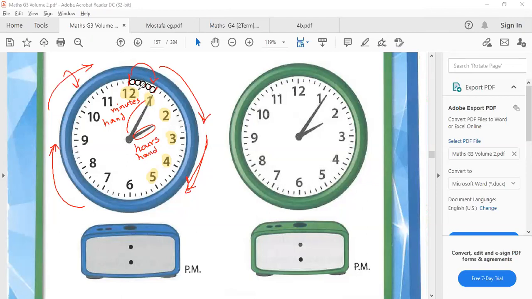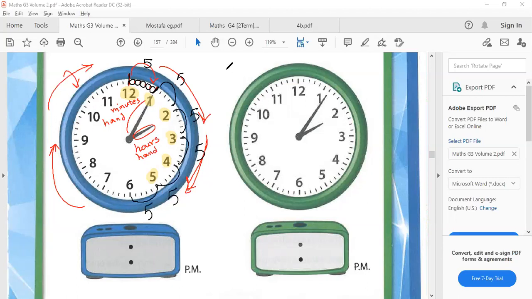So between any number and the next number, you will have 5 minutes. Between 12 and 1, you have 5 minutes, here you have 5 minutes more, another 5, and another 5, and so on until you reach 12.